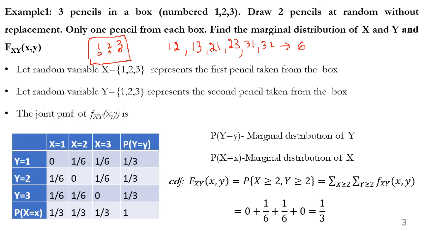So common values whatever I have here are 0, 1 by 6, 1 by 6 and 0. So when I add them all, I get this answer as 1 by 3.